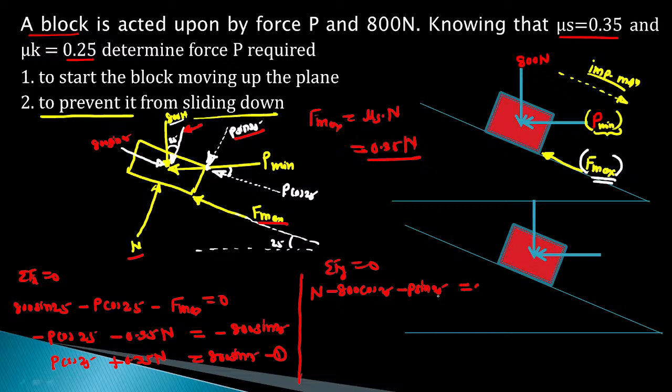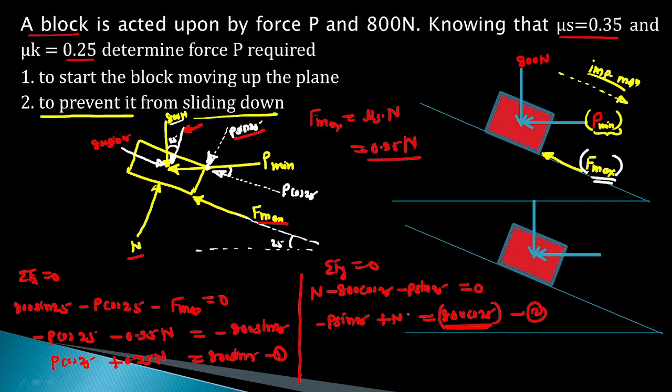So, you will get the equation minus P sin 25 plus N is equal to 800 cos 25. To solve the equation directly in your calculator, we must shift the constant value to the right hand side. So, this is your equation 2.